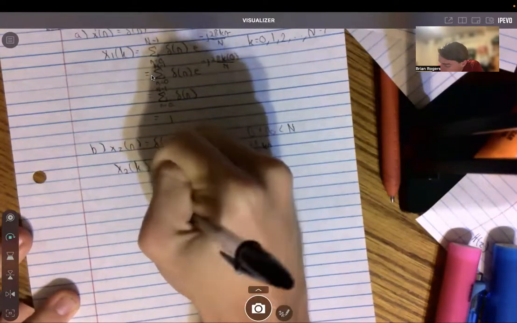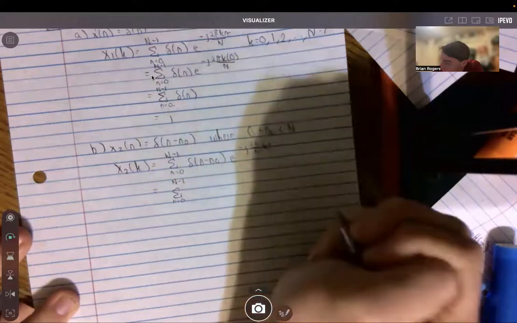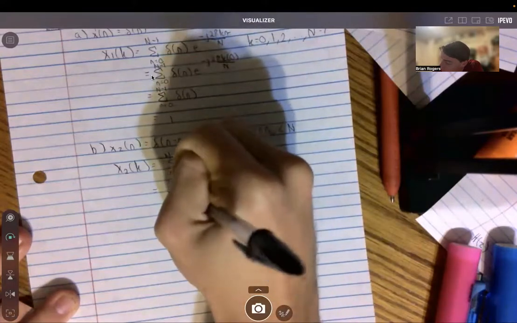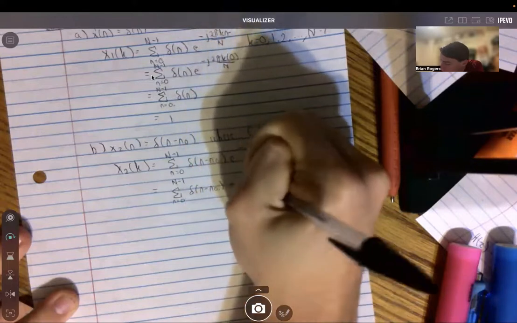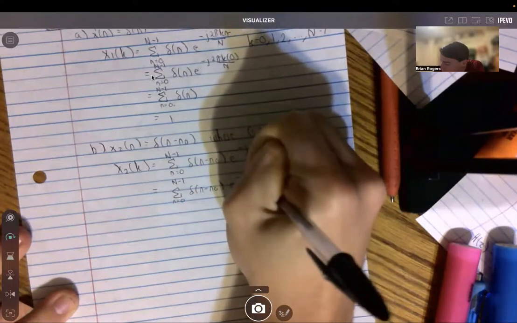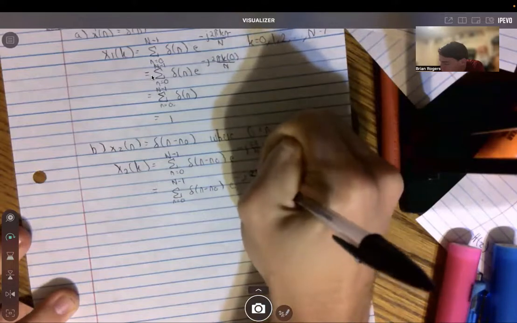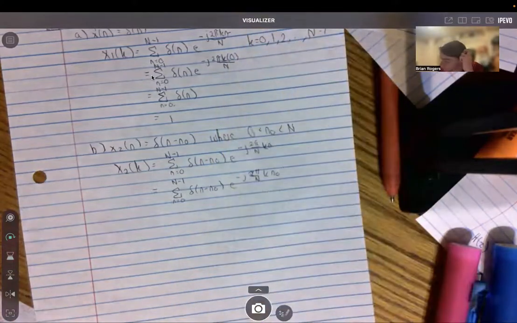You plug in where the delta function occurs into the other function. So we get delta[n minus n0], and then e to the negative j 2π over capital N k, and n0 is what you plug in.